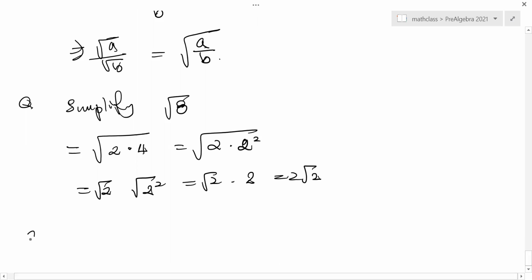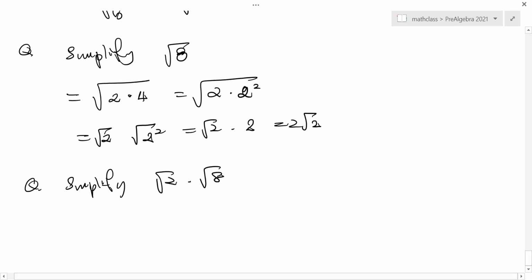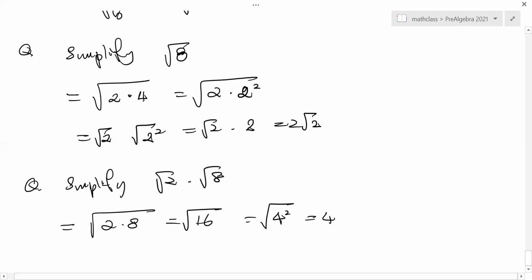Then a slightly different example: simplify the square root of 2 times the square root of 8. So there are two different ways to do it, and I'm going to show you. This is an easy problem. You can use that formula directly. It's 2 times 8, that's going to be 16. Then 16 is 4 squared, so that's equal to 4.